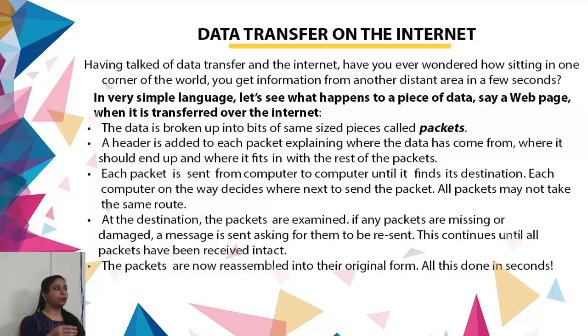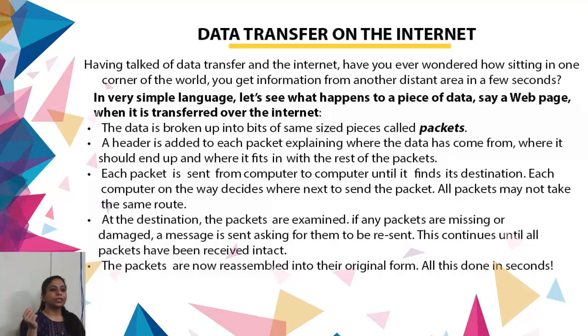Now the computer where it reaches decides where the data has to be sent next. All packets may not take the same route. The packets being transferred may not take the same route. The system through which they are passing may vary, and the path of the transfer of that packet can be changed.